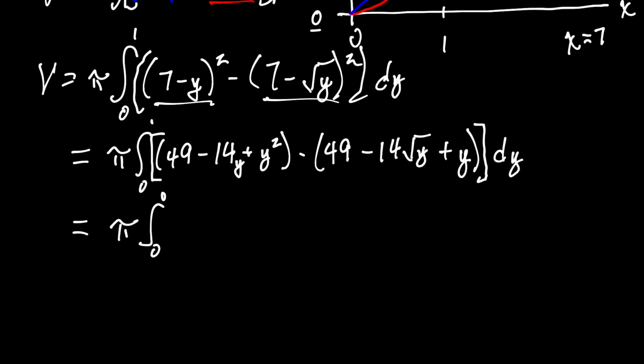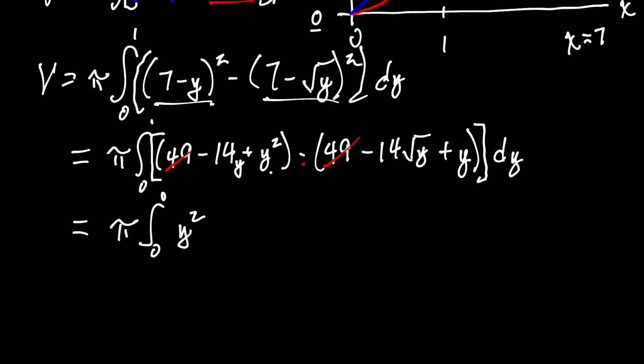So I see something cool going on. 49 minus 49, those cancel off. Then I'm going to have a y squared. Then I have to be careful here. I have a negative 14y, and this is a positive y, but I have to distribute this negative.